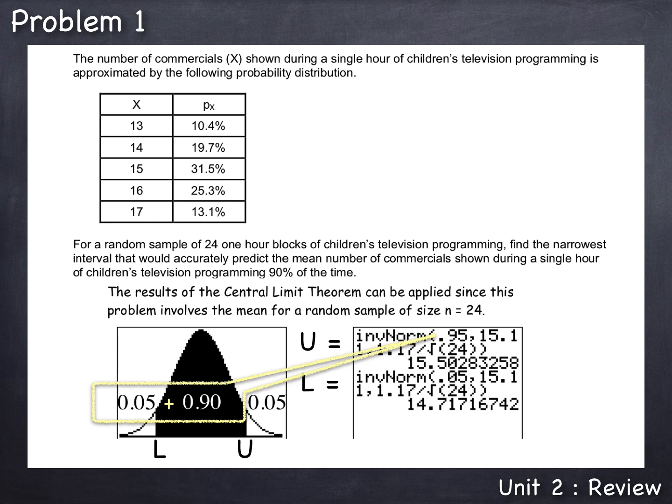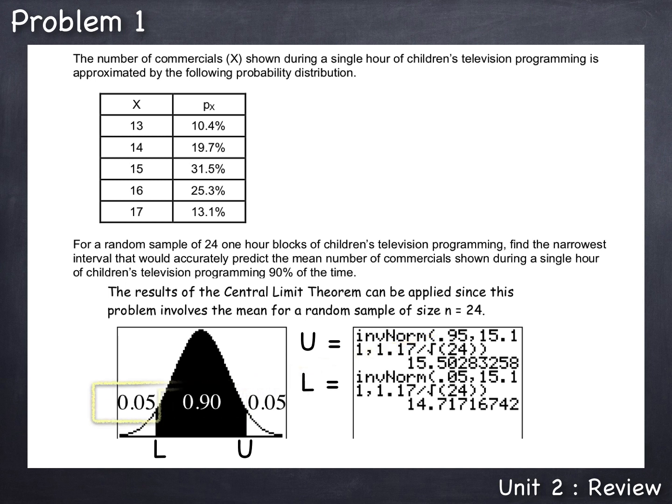The area less than the number U includes the middle 90% of the curve and the lower 5% of the curve. Together, there is 5% plus 90%, or 95%, less than the number U. Since the calculator is a decimal machine, we enter 95% in decimal form, 0.95.